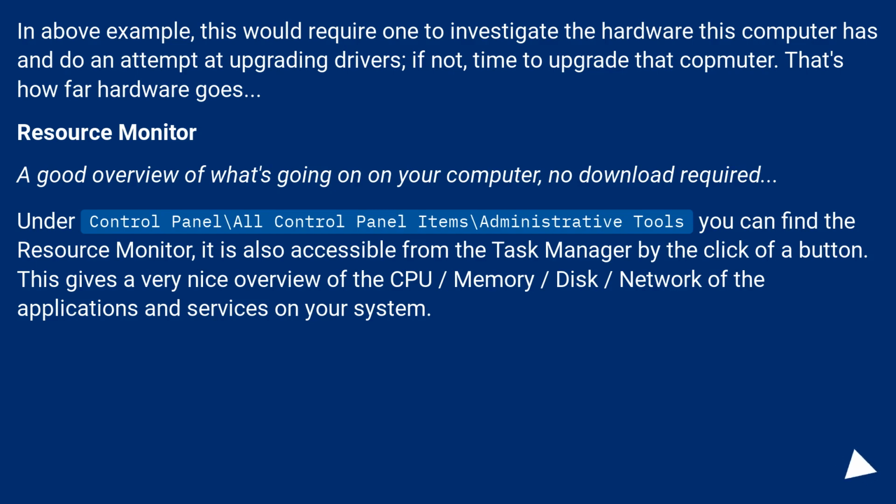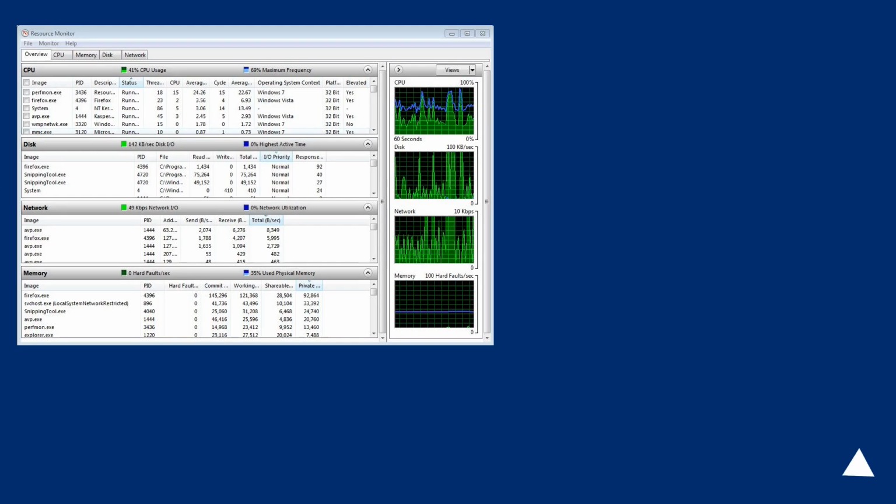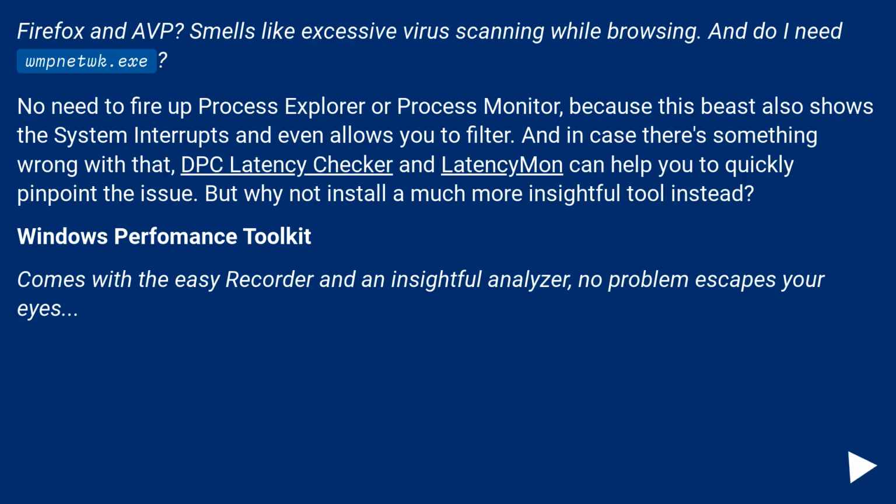This gives a very nice overview of the CPU, memory, disk, and network of the applications and services on your system. Firefox enough? Smells like excessive virus scanning while browsing. And do I need unet.exe?